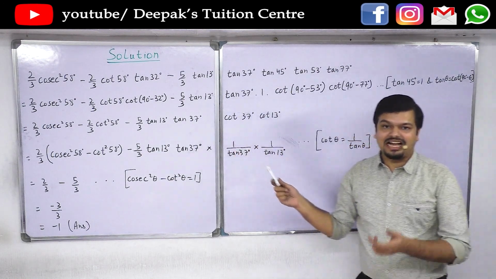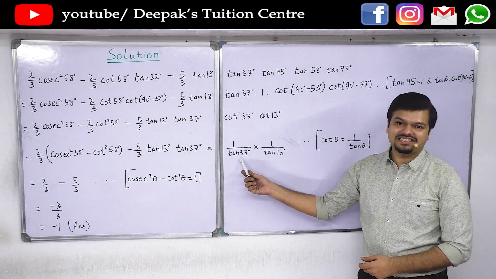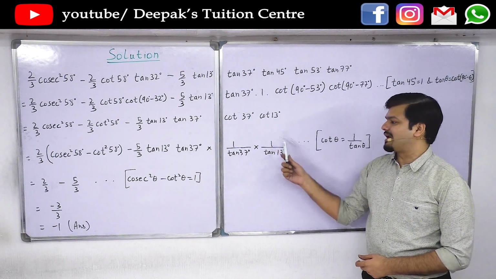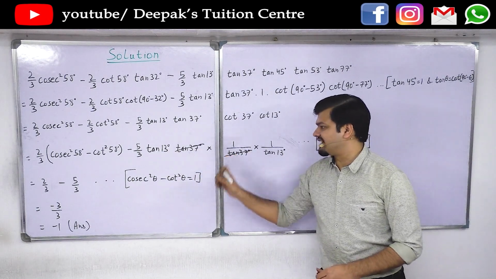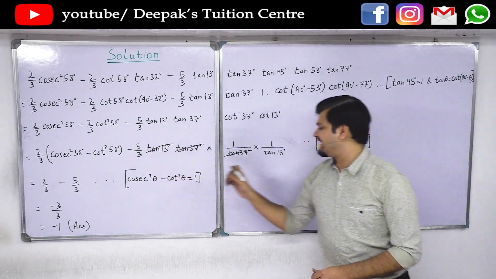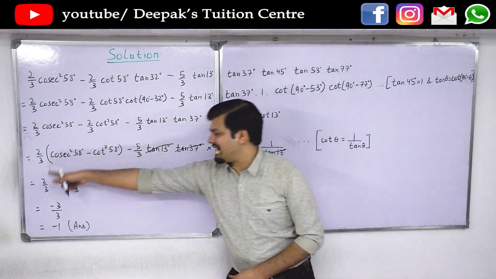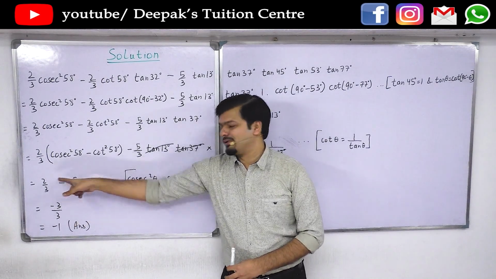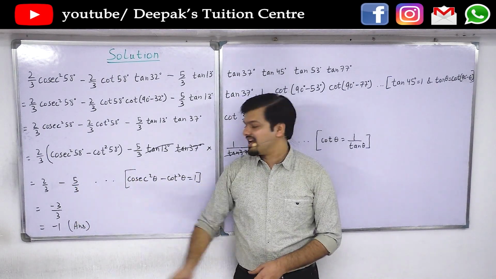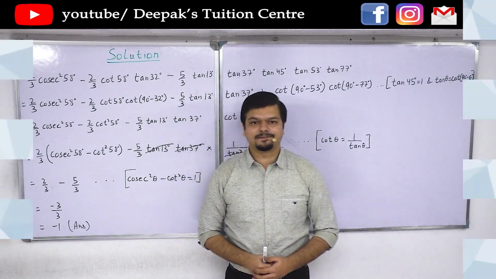Since cot theta is equal to 1 by tan theta, we can write cot 37 as 1 by tan 37° and cot 13 as 1 by tan 13°. Here tan 37° gets cancelled, and tan 13° and tan 13° get cancelled. So we have 2/3 minus 5/3. The LCM would be 3. So 2 minus 5 is minus 3 by 3, which is minus 1. So minus 1 is our answer.